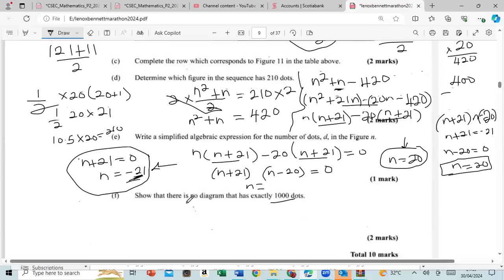Show that there's no diagram that has exactly that many dots. So let me equate it to this: n squared plus n, divided by 2. Let me work this out, multiplied to get 2,000. It's probably an easier way.